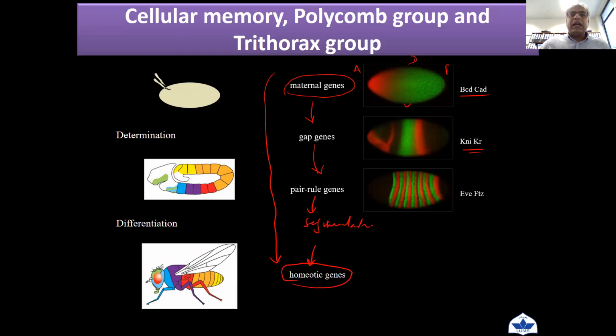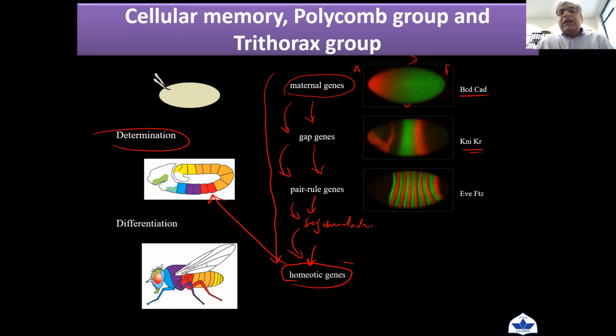And they are the ones I just showed you during early development at the time of cell fate determination. Once they are active, you cannot go on forever being transient and passing on the baton to others.